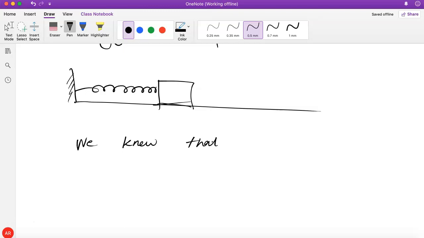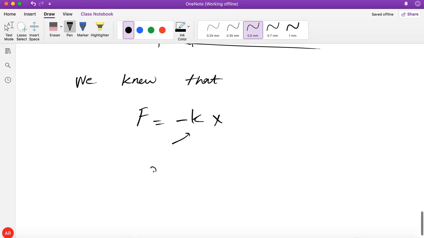We knew that the force of an ideal spring is proportional to the displacement, to how much it's stretched or compressed. So first, F is minus kx, where k is the spring constant.